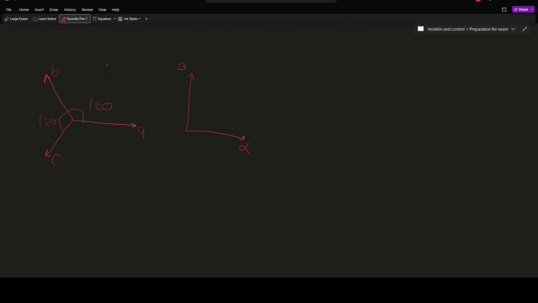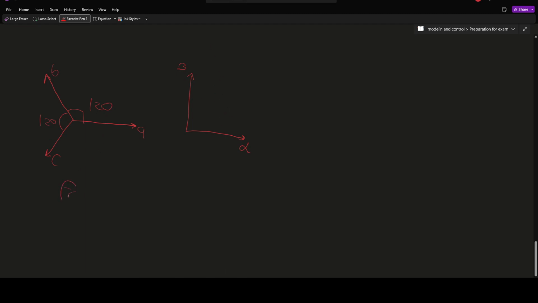So what we want to do is move from this three to this two. So we just need to make the projections of each one of these phasors, of each one of these frames, into beta and alpha.